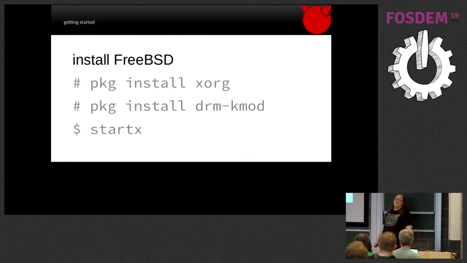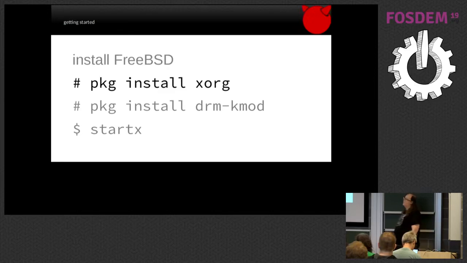You need a FreeBSD installation, quite obvious. And if you want a release, I'd recommend FreeBSD 12.0. If you want even better support with devd enabled by default and things like that, FreeBSD stable or FreeBSD current is available.